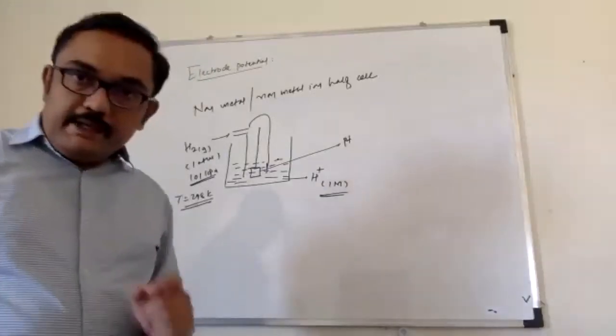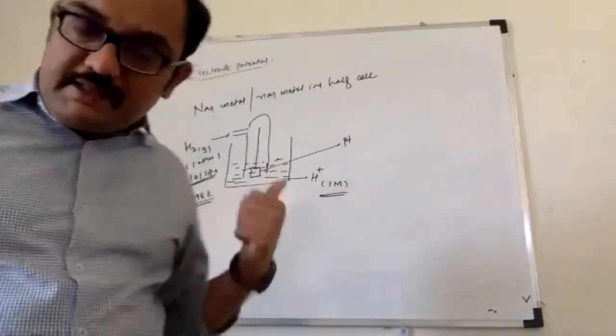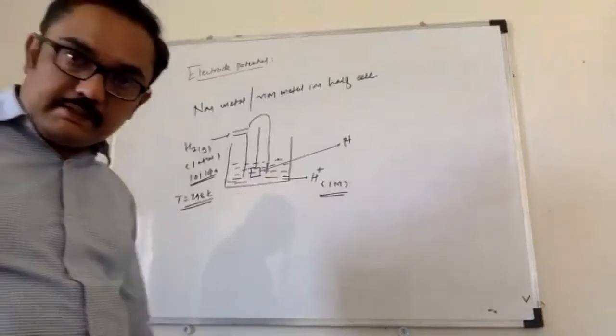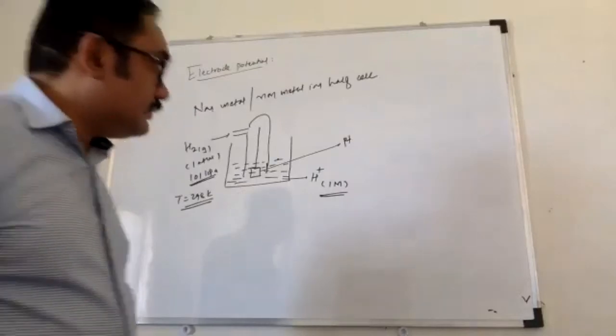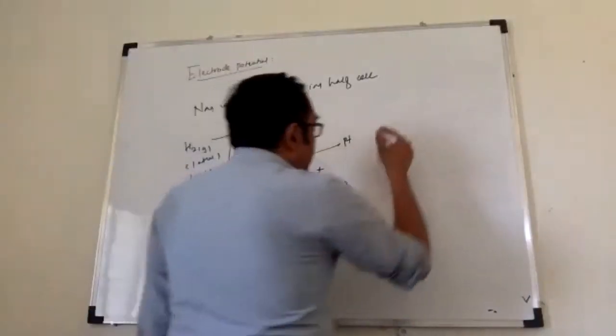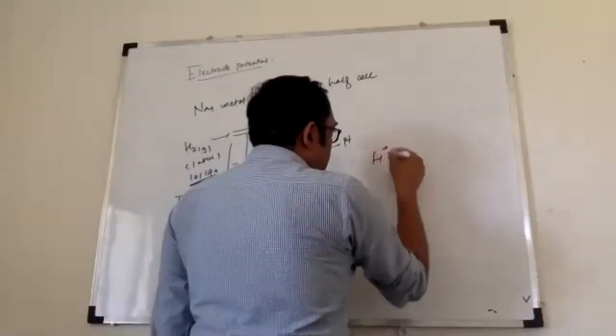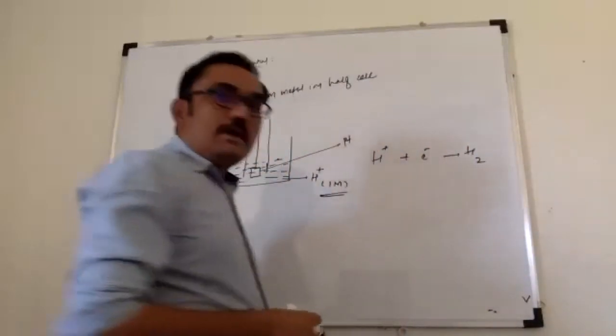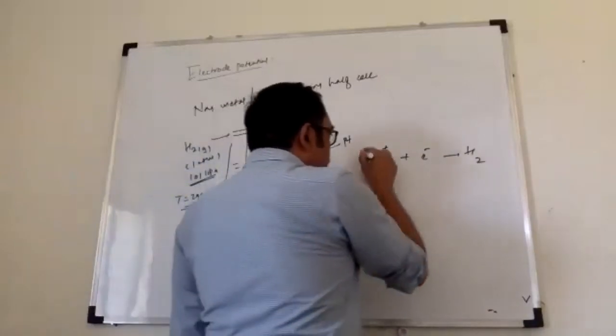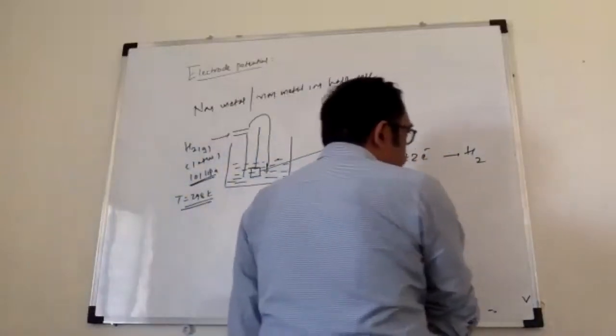Now, can you tell me what would be the reduction reaction in this case? H plus to H2 gas. H plus plus e to H2 gas. To balance, we can write 2H plus plus 2 electrons gives H2.